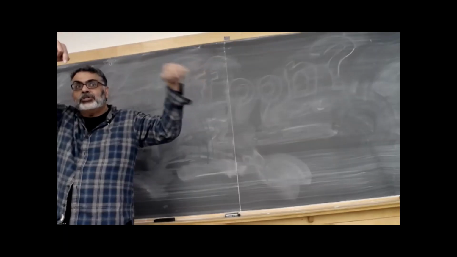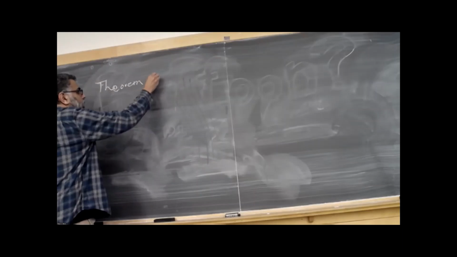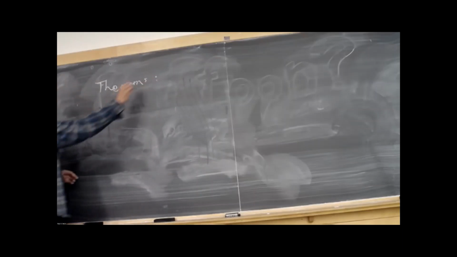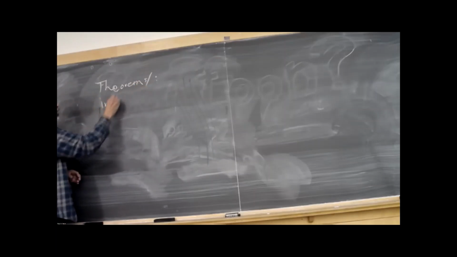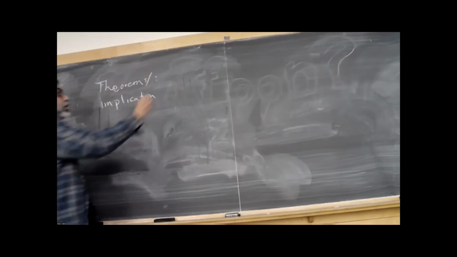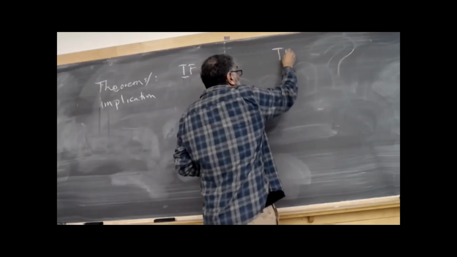In other words, a theorem is a statement of fact that says that two things are related to each other. And the theorems in a first course in mathematics are usually in the form of this thing called implication. Implication means that we're going to have an if and then structure.